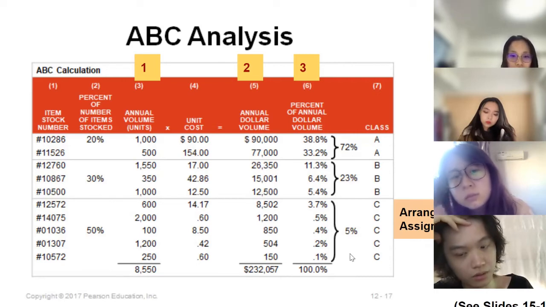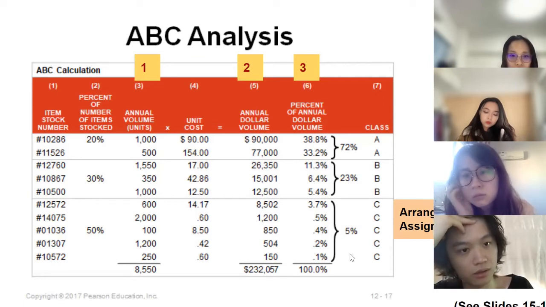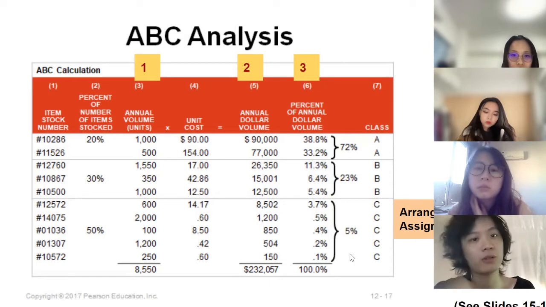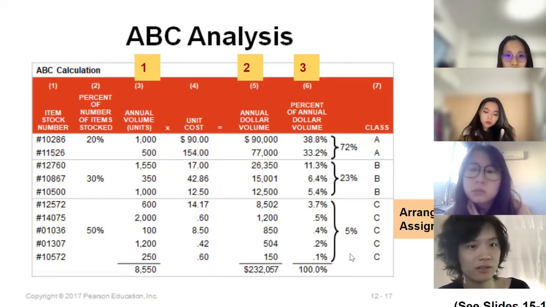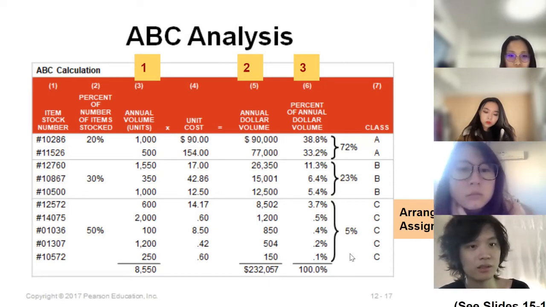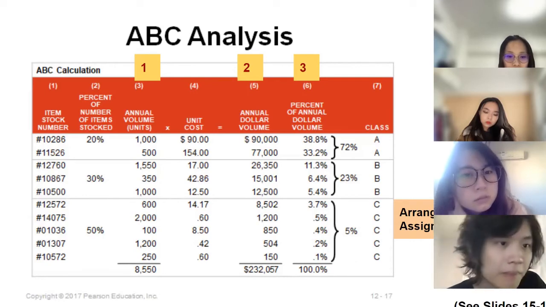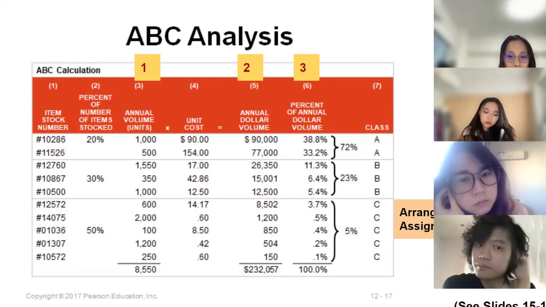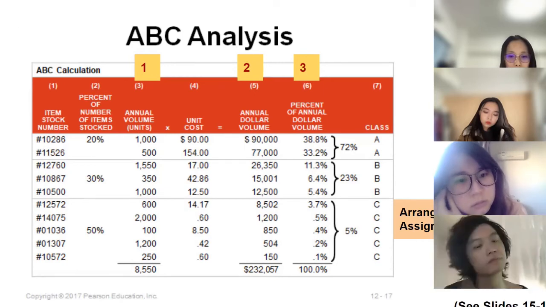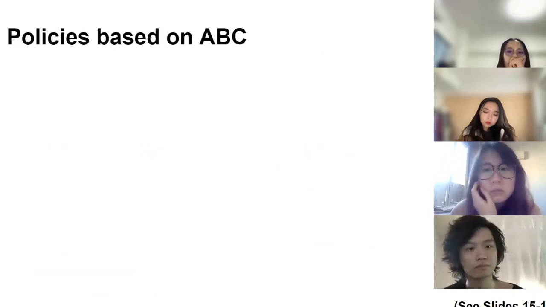For example, in a car, the engine is very expensive, but the plastic seat cover and belt are low value items. So you will definitely see this, and it connects to these policies on ABC.